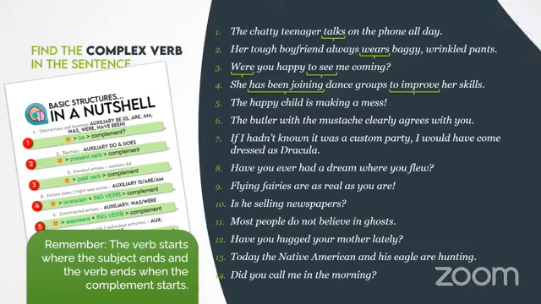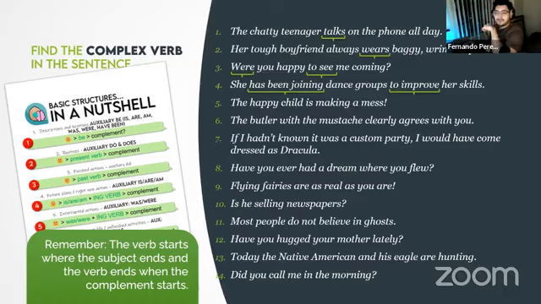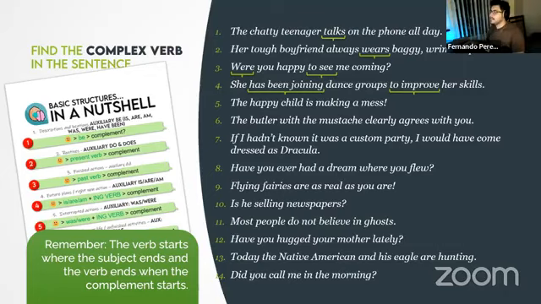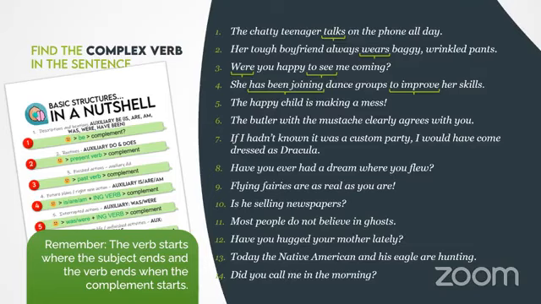First read a complete idea. The sentence 5 says, the happy child is making a mess. What is a complex verb?